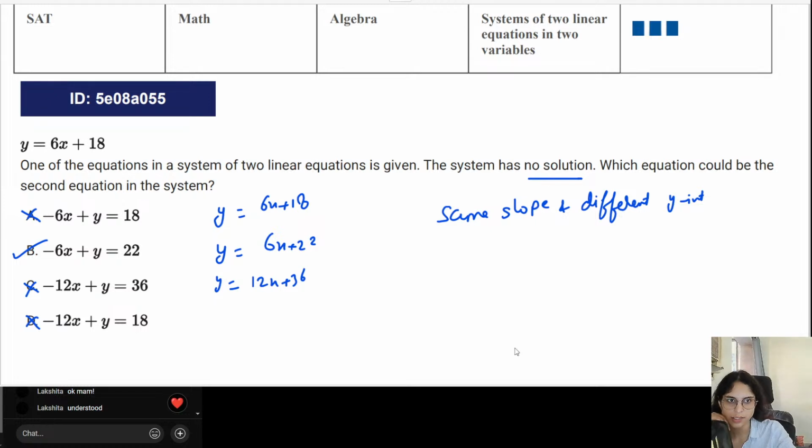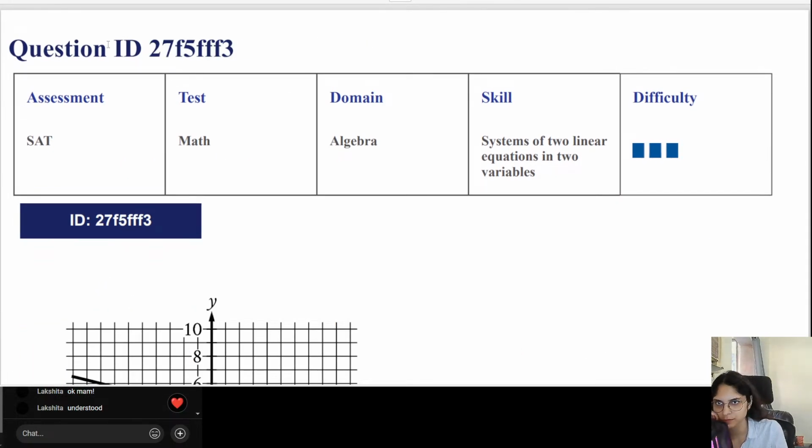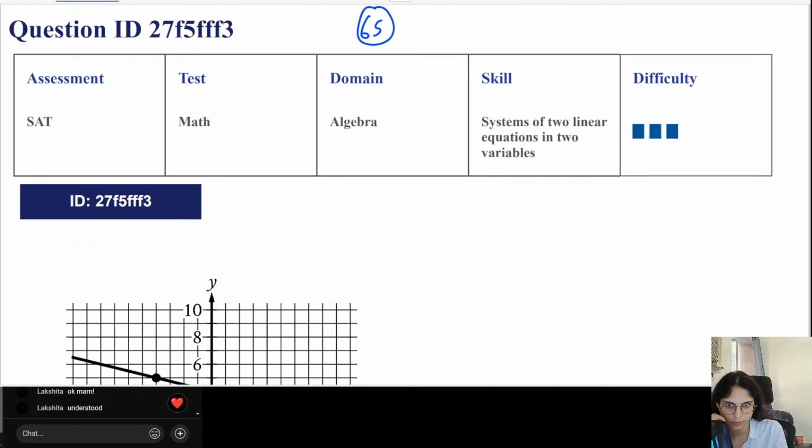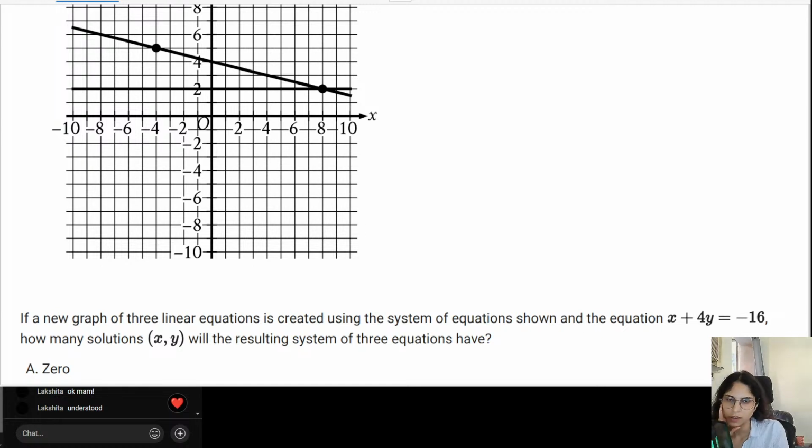Last is question number 65. So in a new graph of 3 linear equations is created using the system of equations shown, and the equation x plus 4y equals negative 16.